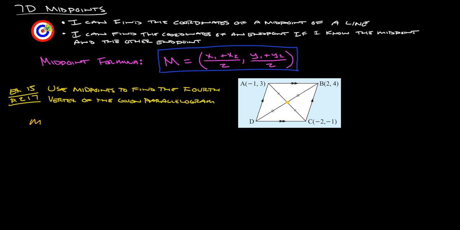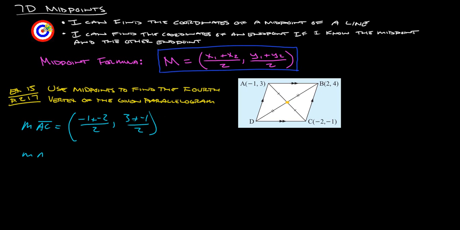So the midpoint of, let's use a different color, midpoint of AC is, let's do -1 and -2, so -1 plus -2 over 2, and then 3 plus -1 over 2.